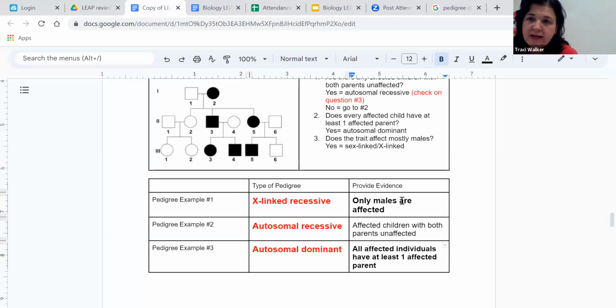Okay. So that's how you read a pedigree and how you determine the inheritance pattern of a pedigree.